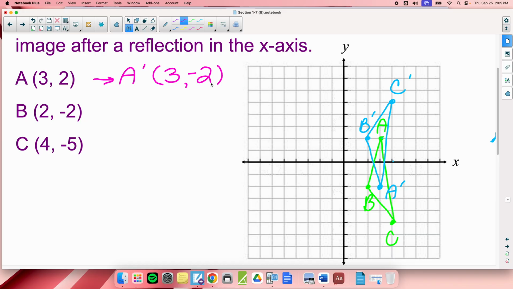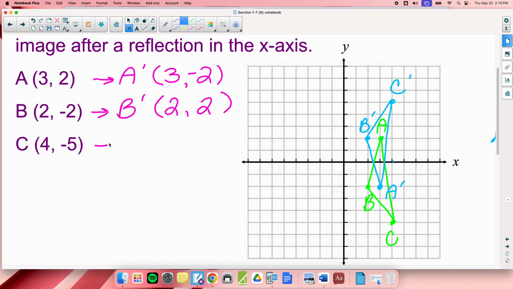Okay? Then if I did my B prime, what do you guys think your new B prime would be? Yep, the 2 stays the same. This changes sign, so it's 2, 2. And if I look over 2 up 2, that is where I put my B prime.